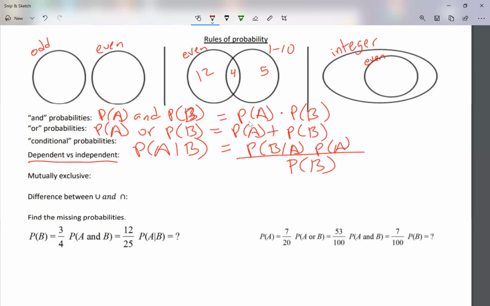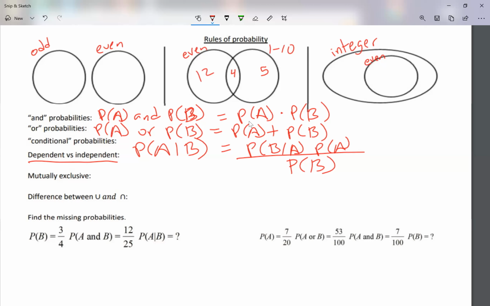Let's say I have 5 coins: 2 nickels, 1 dime, and 2 quarters. For probability of A, I grab a coin and I don't replace it. Then for probability of B, I draw a second coin. Whatever I get on the first draw will affect the probability of the second one. So that's what we call dependent.